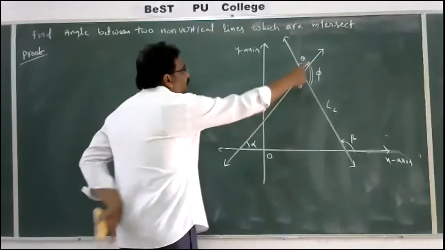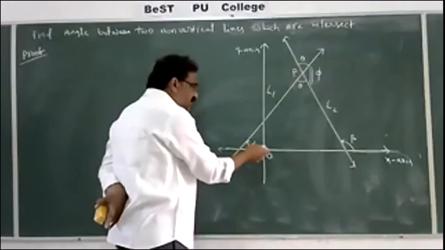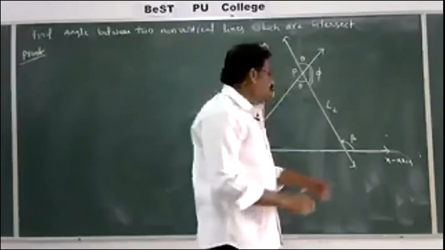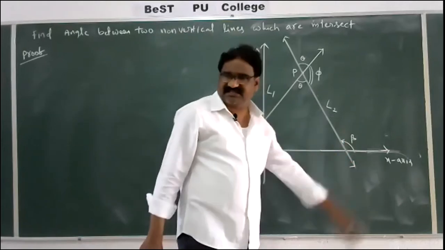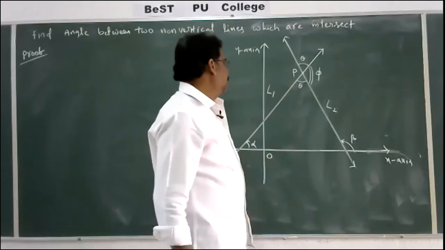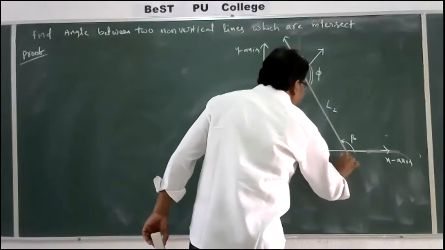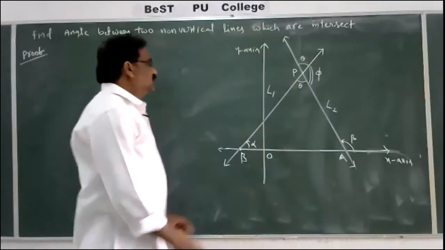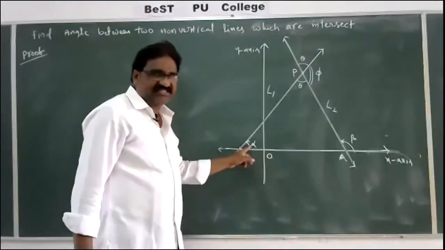Consider L1 is the line which makes an angle alpha in the positive direction of x-axis. L2 is the line which makes an angle beta in the positive direction of x-axis. And theta is the angle between the two lines. Here observe this. For example, L1 meets the x-axis at A, L2 meets the x-axis at B. So L1 is making an angle alpha with the positive direction of x-axis.